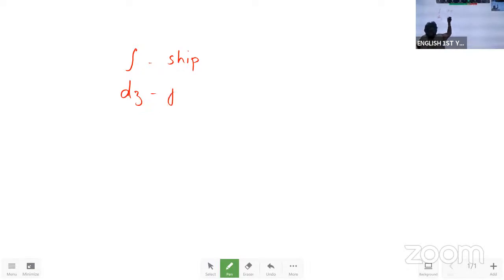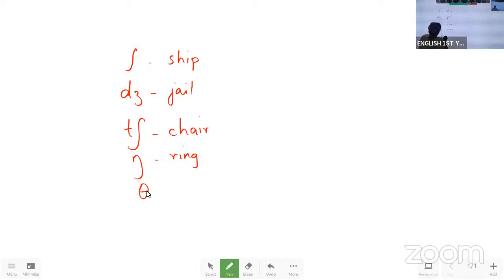J. When you learn this, keep one word so that you will understand. Jail, j, sh, as in ship, ch, as in chair. Then you have the ing sound, like when you say ring, ing sound. Then you have th, as in that.